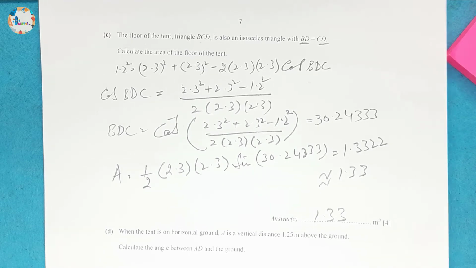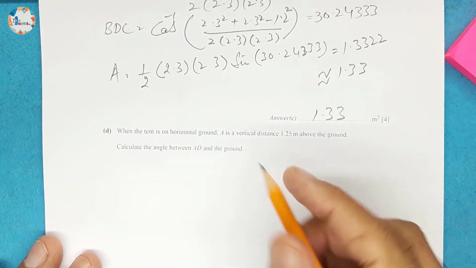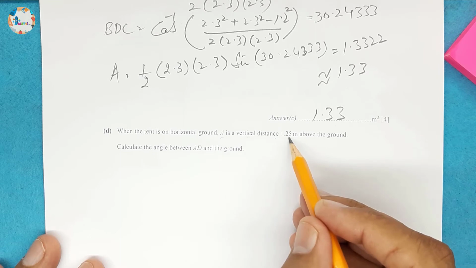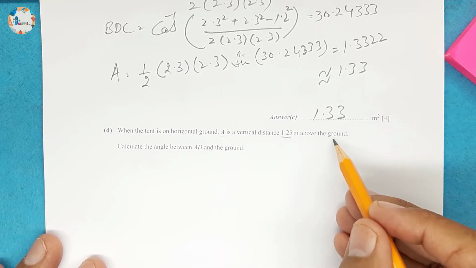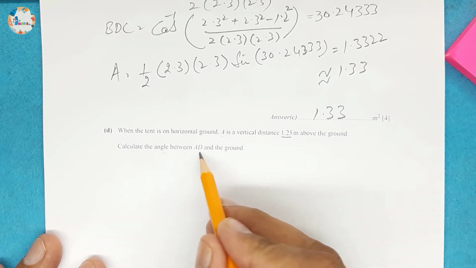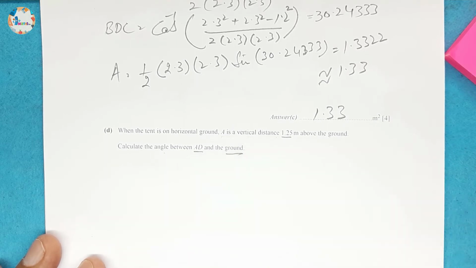When the tent is on horizontal ground, A is a vertical distance of 1.25 meters above the ground. Calculate the angle between AD and the ground.